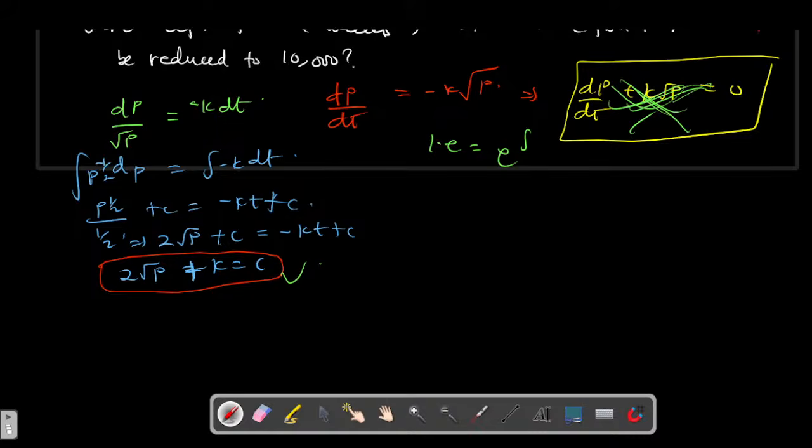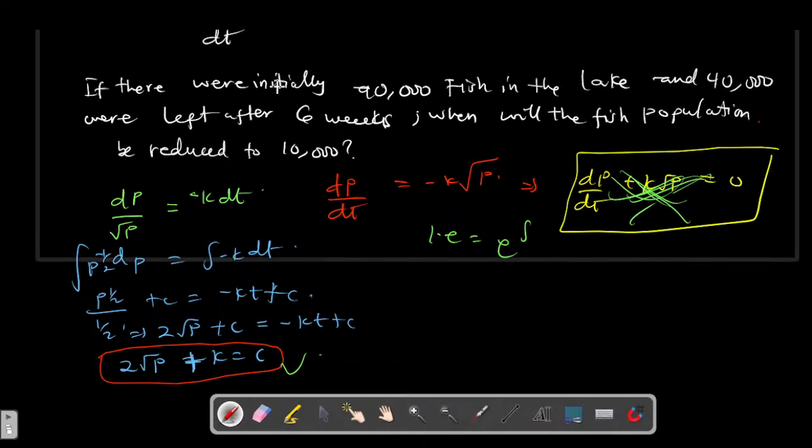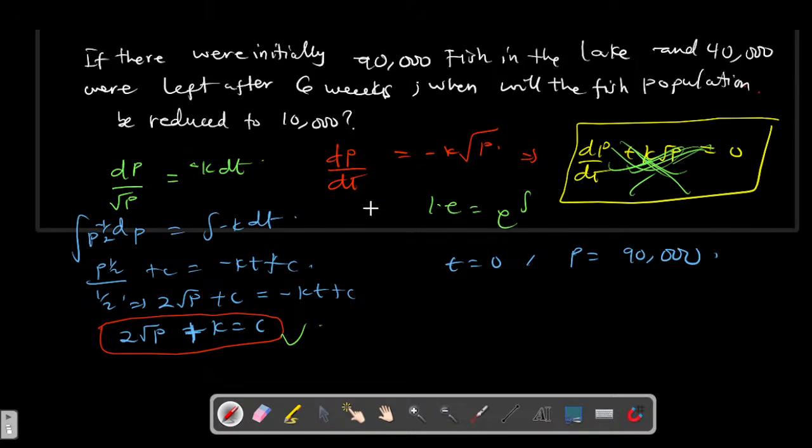Since we have this, what's the condition saying? Initially there were 90,000 fish in the population. So at t equals 0, we have p equal to 90,000. This can help us find our constant. So here I'll have 2 multiplying the square root of 90,000, plus kt, equal to c.